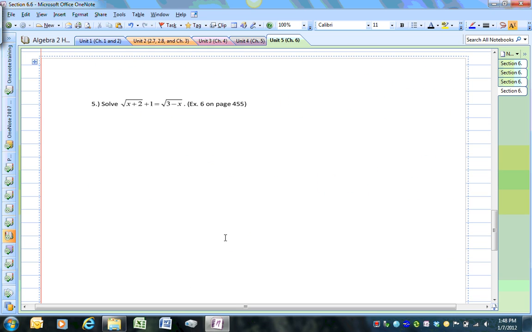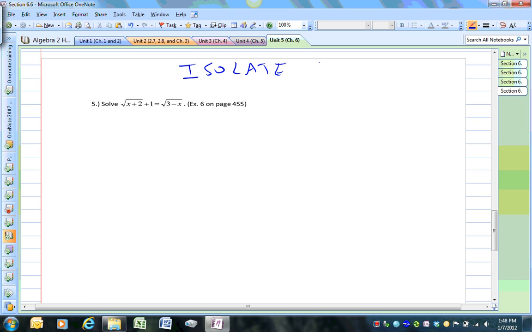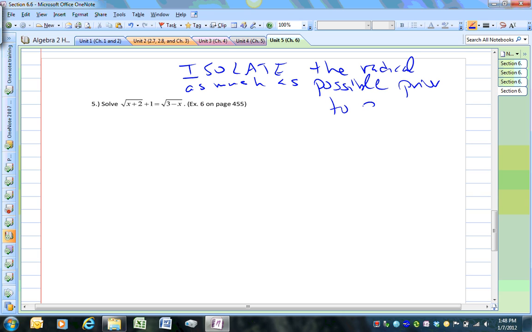Okay, last one, number 5. Now this one's a little tricky, because usually what you want to do is isolate the radical as much as possible prior to squaring both sides.